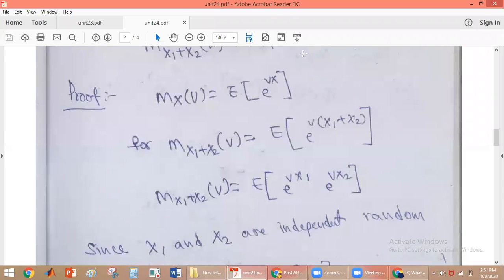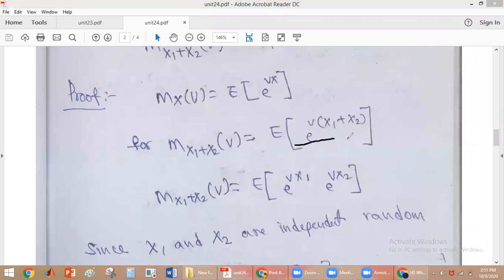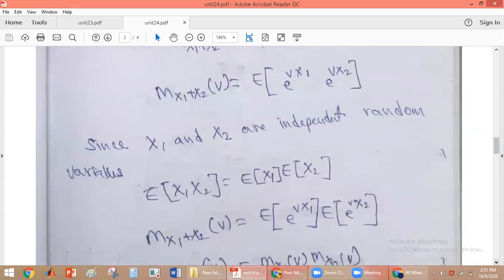Now we write this exponential separately. This can be written as e power vX1 into e power vX2. Since X1 and X2 are two independent random variables, the expected value of e power vX1 times e power vX2 can be written separately.